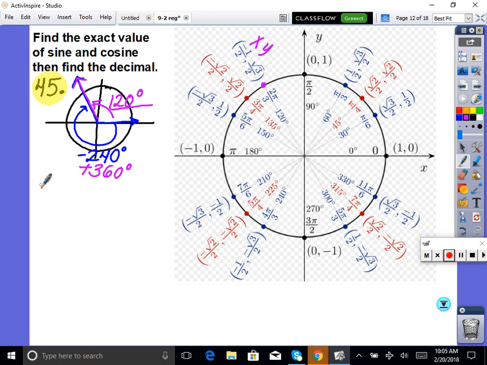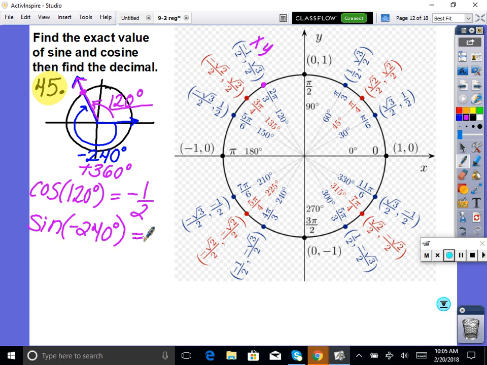We would say the cosine at, we could say 120, or we could say negative 240, because won't it be the same xy point either way? The cosine at 120 and the cosine at negative 240 is exactly the same thing, because it's that same xy point. So the cosine at 120 degrees is negative 1/2. Then the sine at negative 240, because it's equivalent to saying the sine at 120, is equal to root 3 over 2.